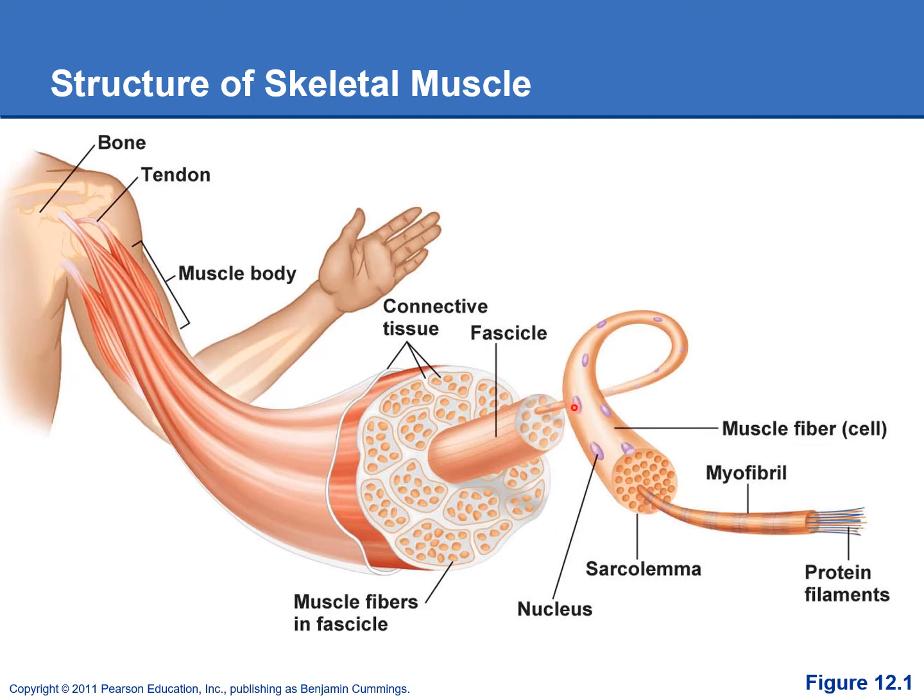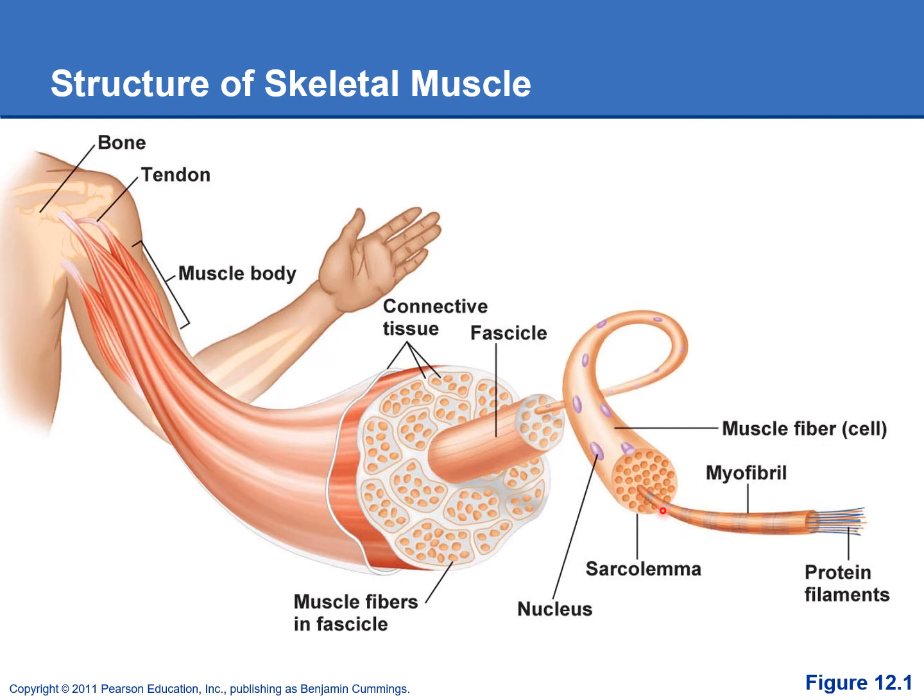And sticking out here, we've got one individual muscle cell that would run the whole length of the entire muscle here. And then packed inside of this muscle cell, we've got lots of these myofibrils, which are just the bundles of the contractile proteins that are actually going to cause the contraction.